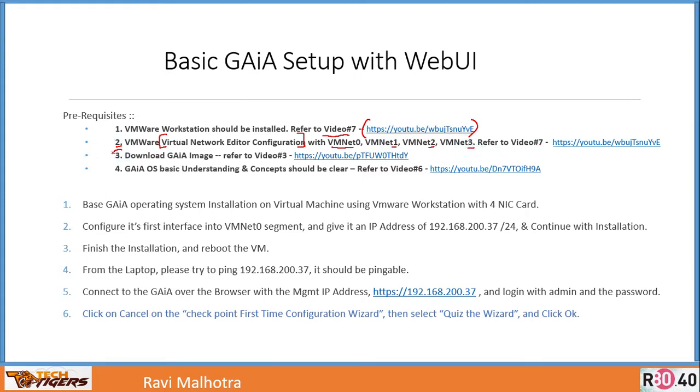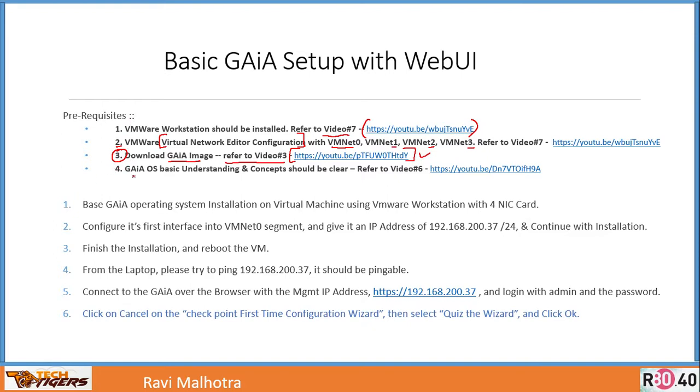The other prerequisite is that you must install the GAiA image. Refer to video number 3, where I have clearly given instructions on how you can download our 80.40 GAiA image. In addition, you will see how to download SmartConsole and documentation.